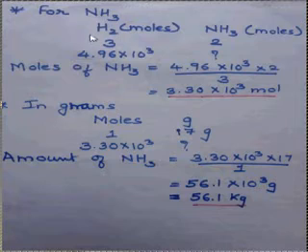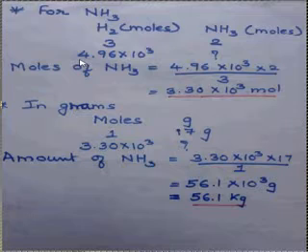For ammonia, H2 in moles and NH3 in moles. For 3 moles of H2, from the equation, 3H2 and 1N2 was giving 2NH3. So 3 moles of H2 will give 2 moles of NH3.